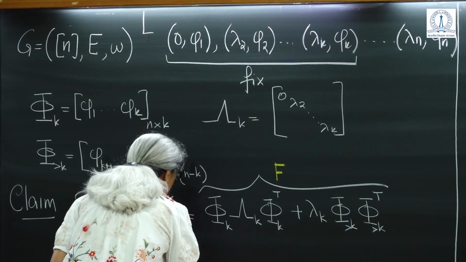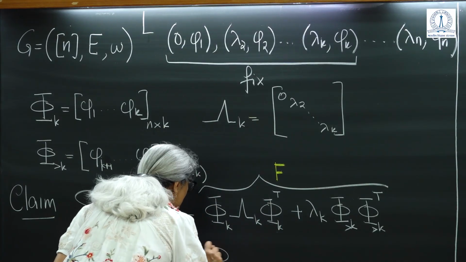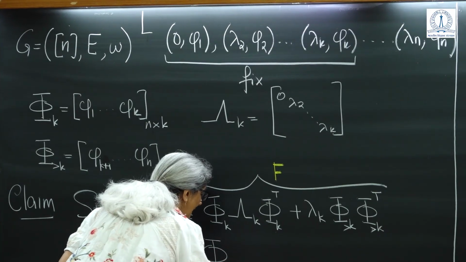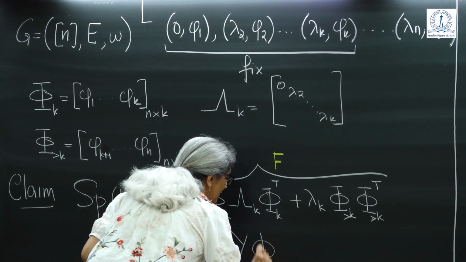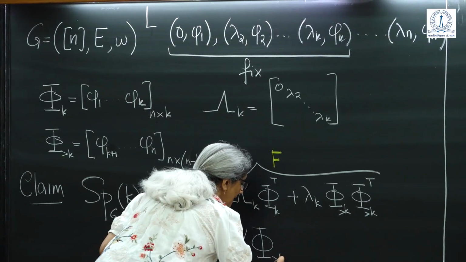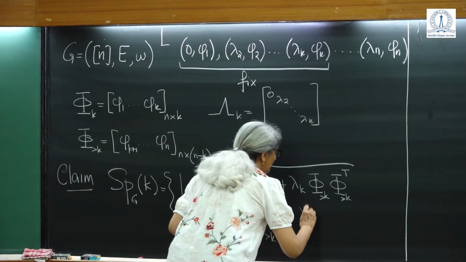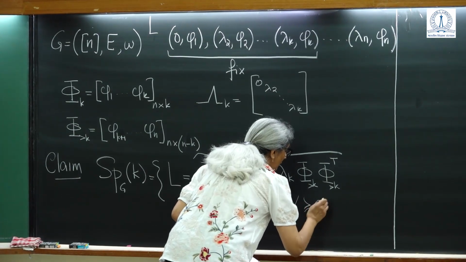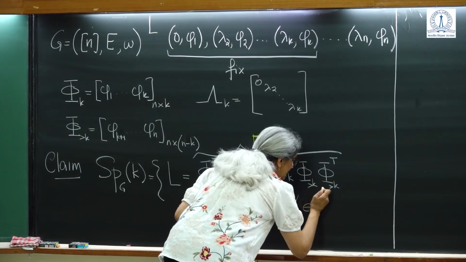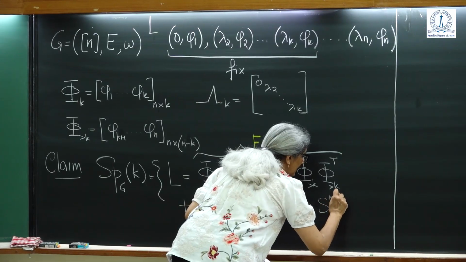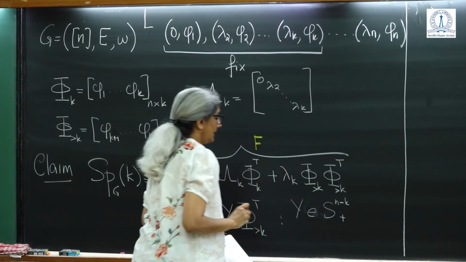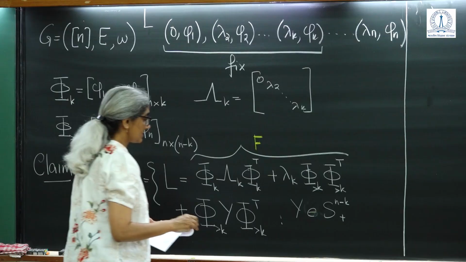And then it'll have another piece which is phi greater k times y times phi greater k transpose. And the conditions are that y is PSD. So y is actually a small matrix. It lies in Sn minus k plus. And then it has some linear conditions as well.